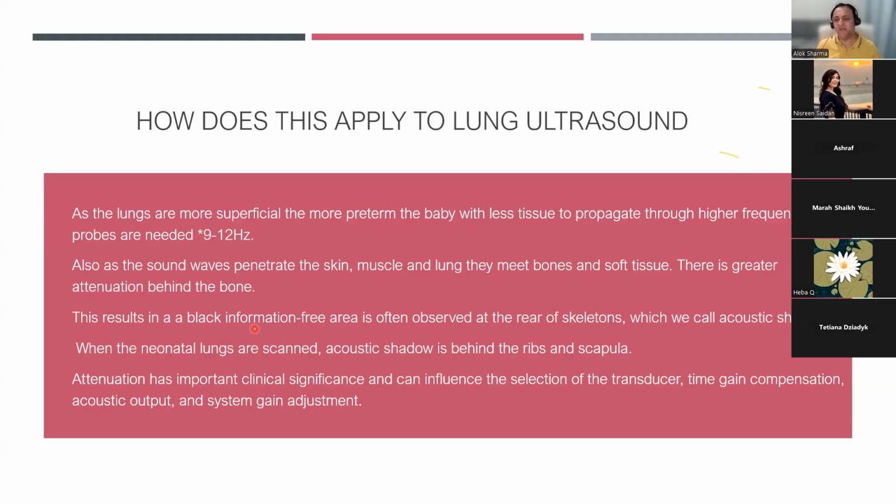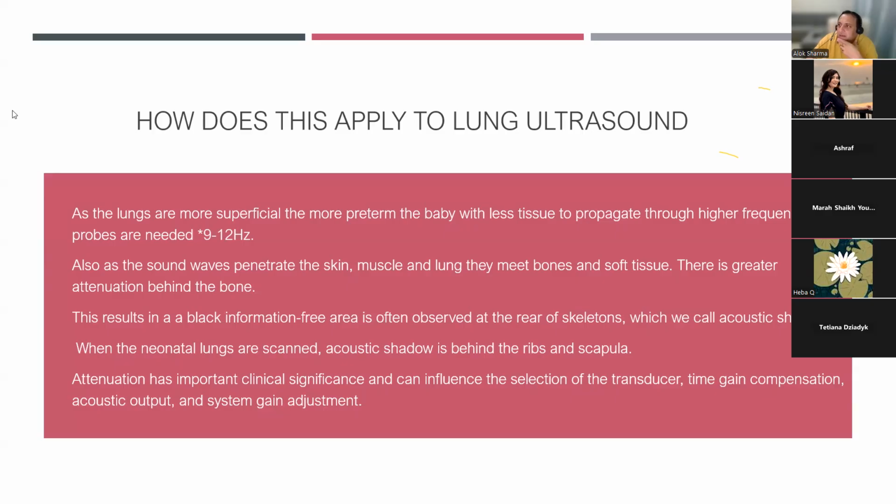The more he arches his back, the smaller the spaces between the ribs, and the more scapular tightening, with the scapula coming medially, it'll just compromise your image. Often, if you have a lot of bone interfering with your imaging, you just get a black, information-free area. Eventually, when you scan, it's really important to be able to get between the bony spaces.